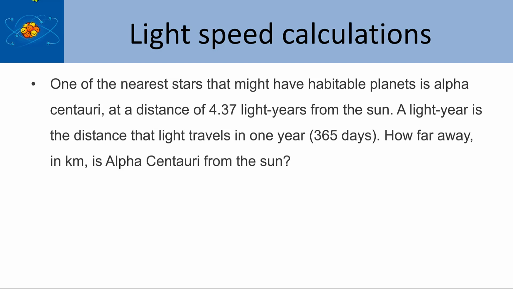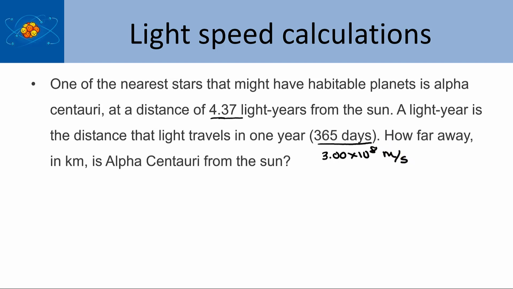Okay, so we have to sort of break this down. This is what we're given, right? 4.37 light years. A light year is how far it travels in 1 year, 365 days. And we also know the speed of light is 3.00 times 10 to the 8th meters per second.